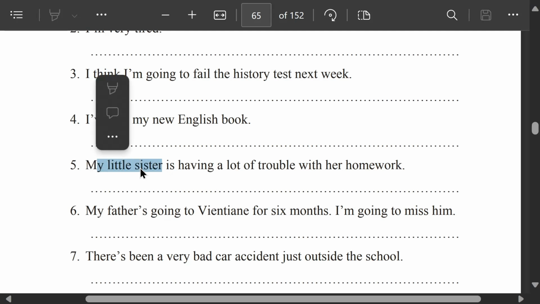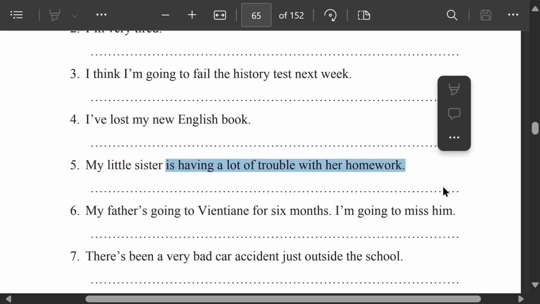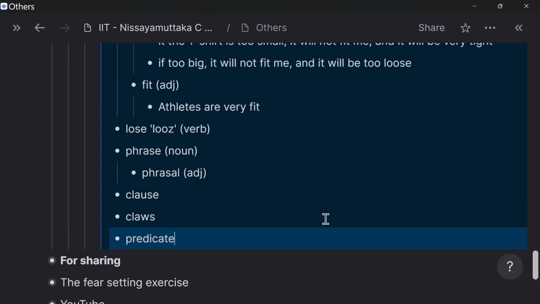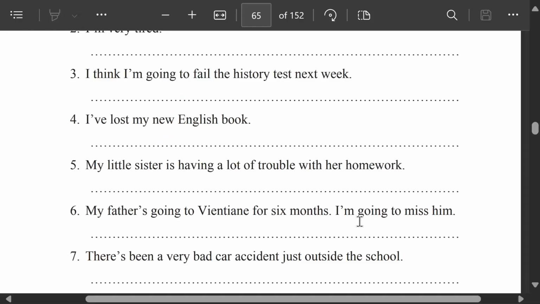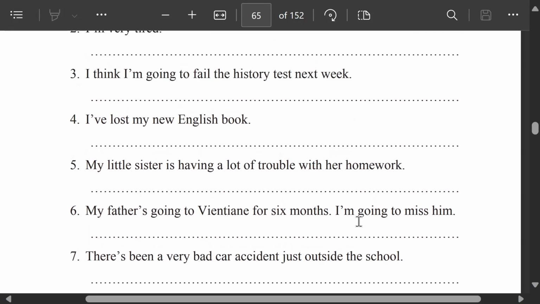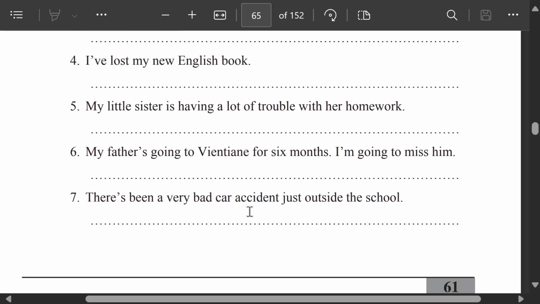So this is the subject and the rest is the predicate. Subject, predicate. So we've learned a bit of that. She is having, present continuous, right now. Then we gave her some advice.